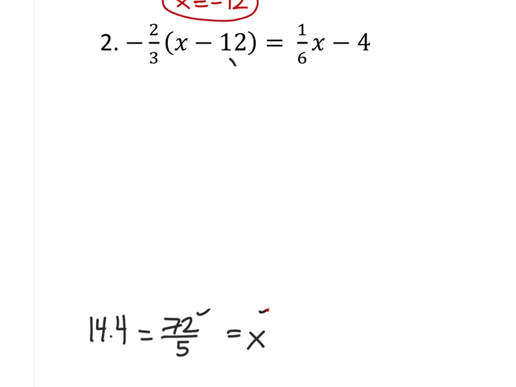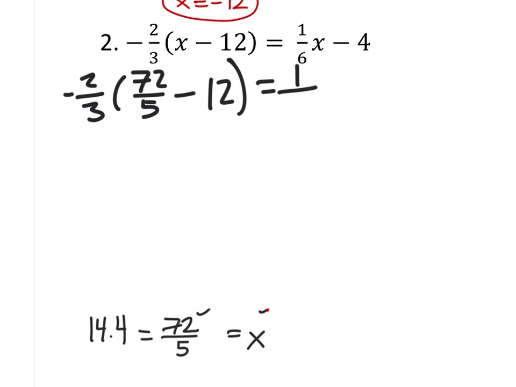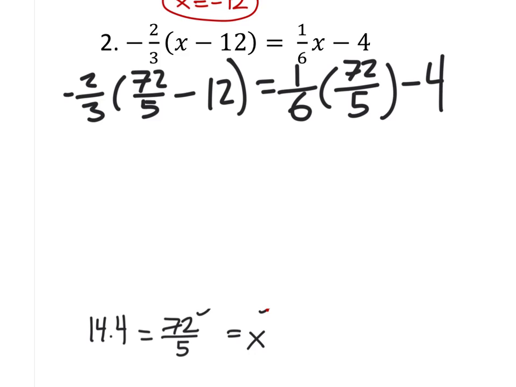So I've got negative 2/3 times 72 fifths now, minus 12 equals 1/6 times x, which is 72 fifths, minus 4. And again, hopefully we'll find that both sides are equal to each other.